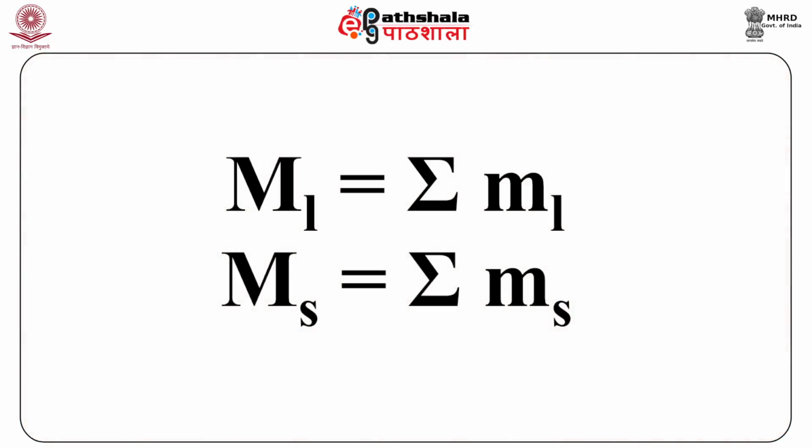The new quantum numbers are designated as capital ML and capital MS, which state the total orbital momentum and total spin angular momentum of the system. Capital ML is equal to the summation of small ml values. Similarly, capital MS is equal to the summation of small ms values.